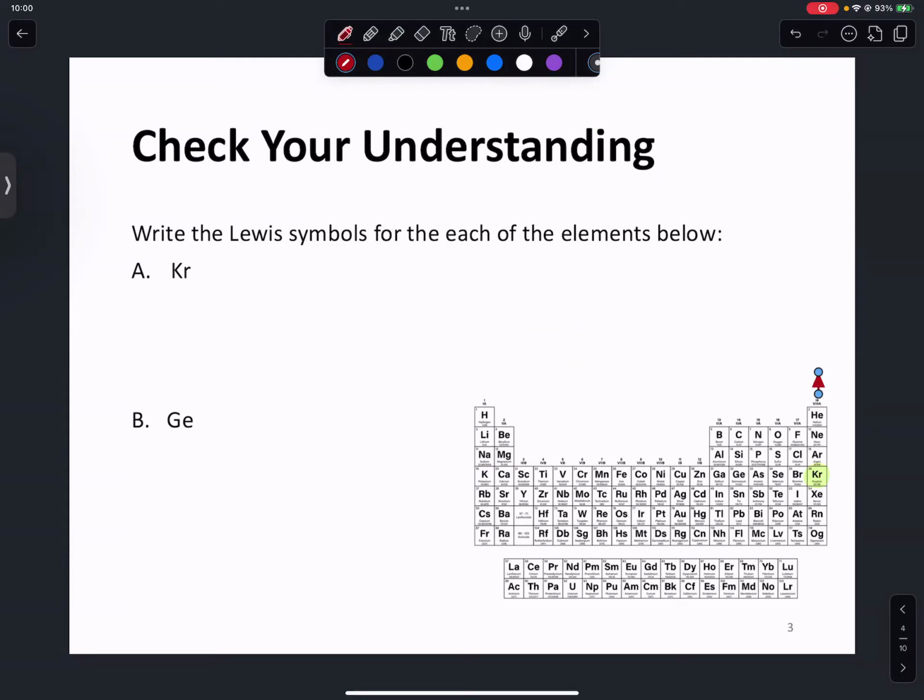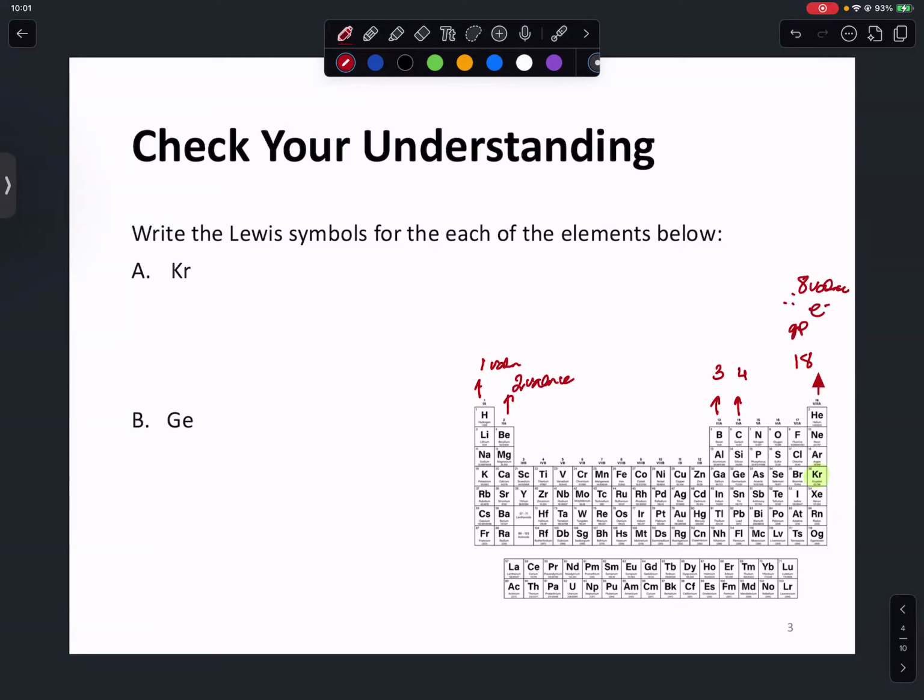If it's in group 1, it has 1 valence electron, group 2 has 2 valence electrons, group 13 has 3 valence electrons, group 14 has 4 valence electrons, and so on. So here we have group 18, therefore 8 valence electrons.